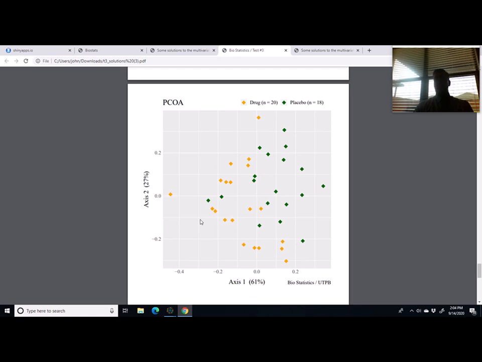Now, imagine you had 10 variables, or even just 6. Well, you can't really make a 6-dimensional picture, but you could do a PCOA projected into 2 dimensions and see if you can observe different clustering or different spatial distribution of the groups you're looking at.